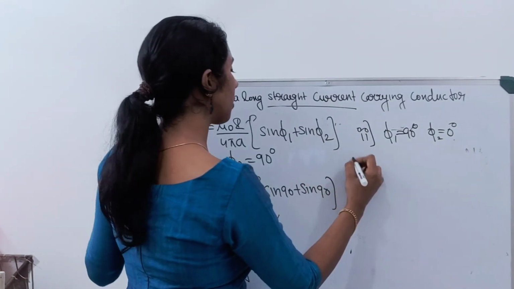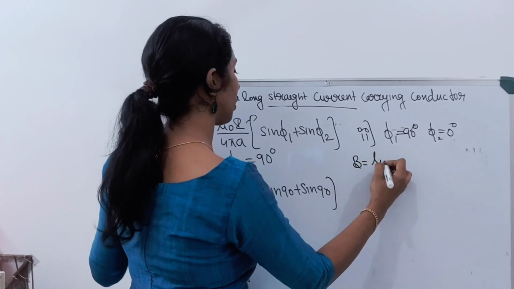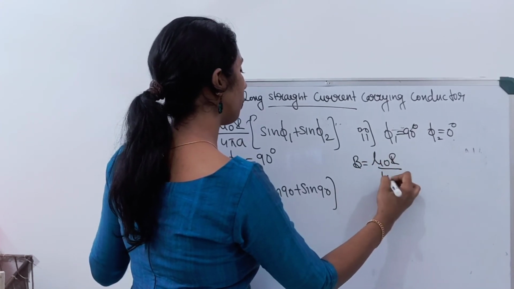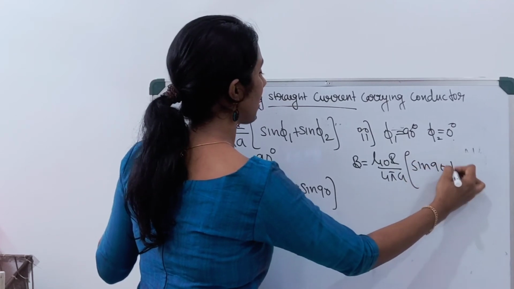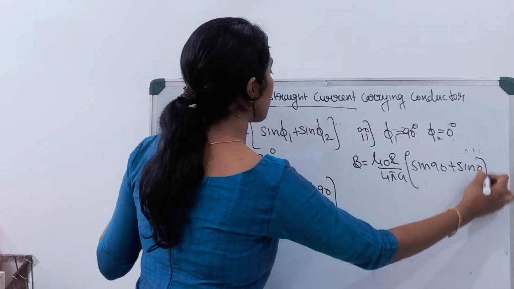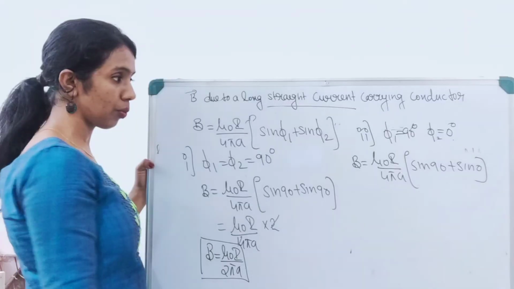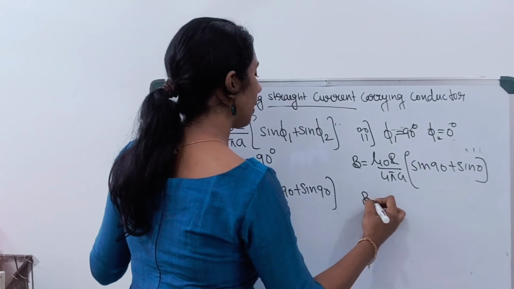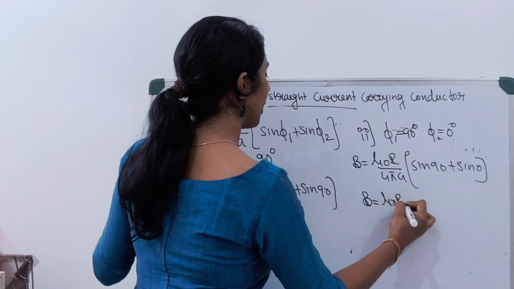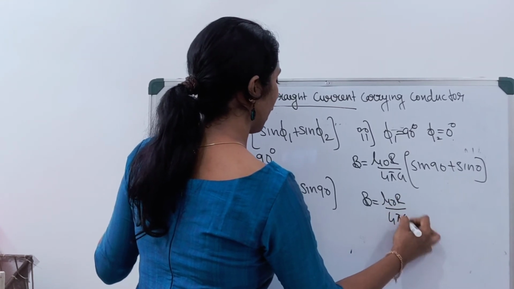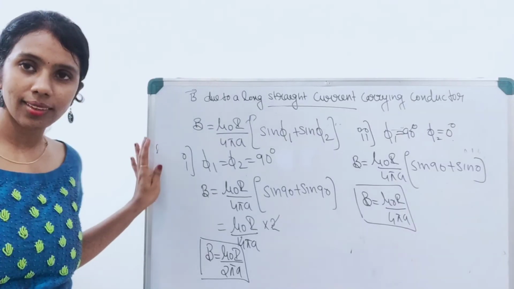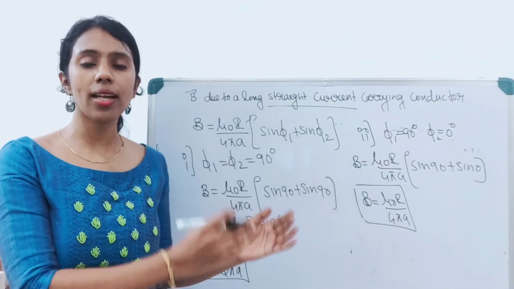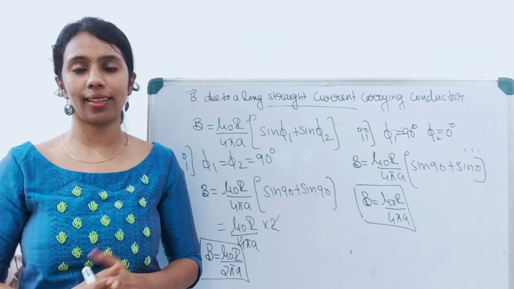Substituting these values, B is equal to mu 0 I by 4 pi a, sin 90 plus sin 0, where sin 0 is 0 and sin 90 is 1. So the equation becomes B is equal to mu 0 I divided by 4 pi a. This is the expression for magnetic field at a point at the end of the current carrying conductor.